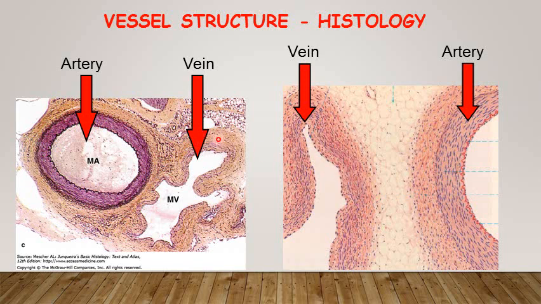But if you see the tunica adventitia, it is more thickened in the vein as compared to the artery. And here we need that tunica adventitia to be thick because the veins are the reservoir and they have to pull up the venous blood. So they act as a reservoir or capacitance blood vessels.